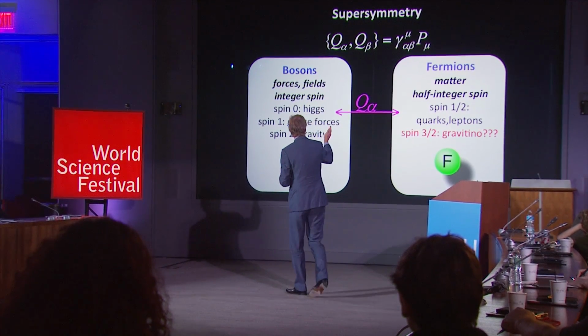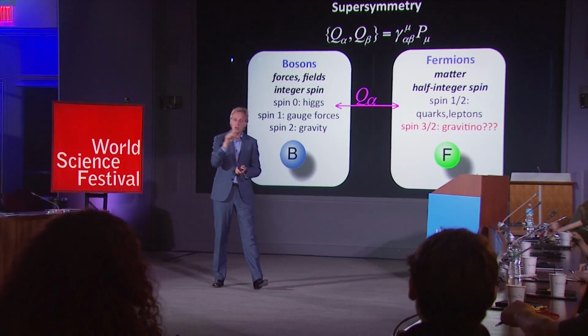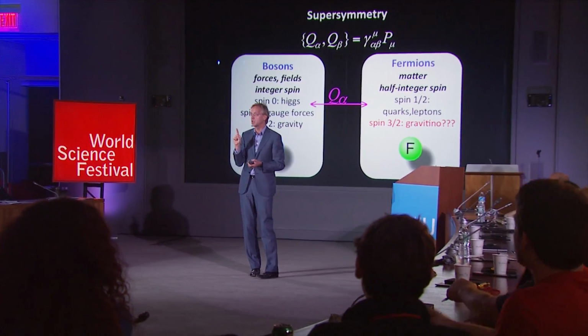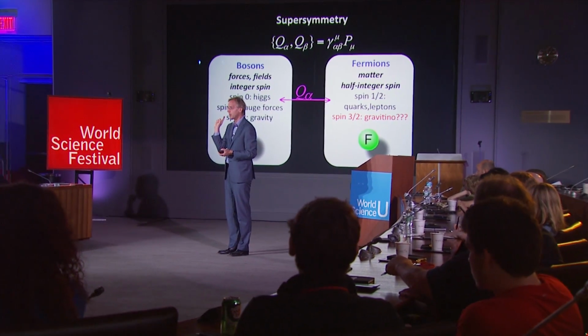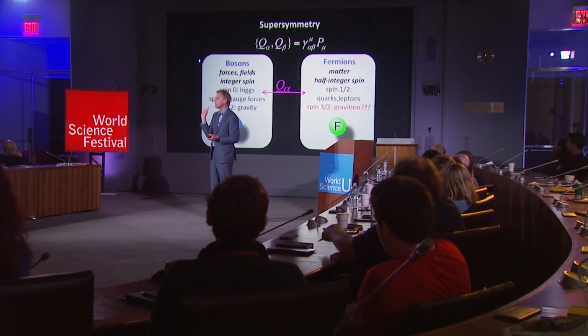In fact, for describing spin 1/2 particles, so all our matter particles, the only theoretical option open in nature is to have a spin 3/2 particle, which would be like the super partner of the graviton, of the gravitational field, and would come with any supersymmetric extension of the world.